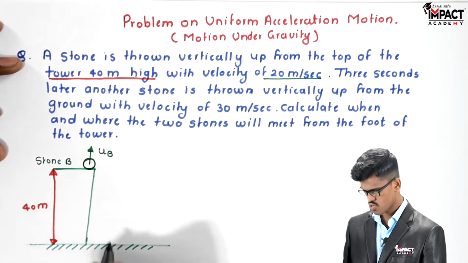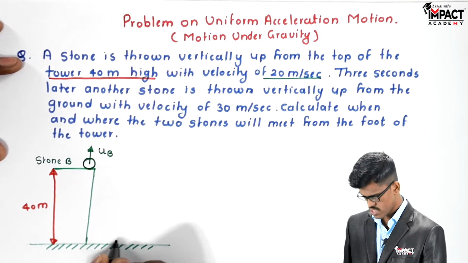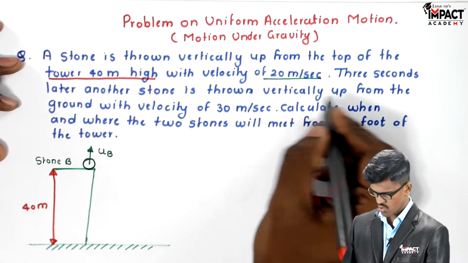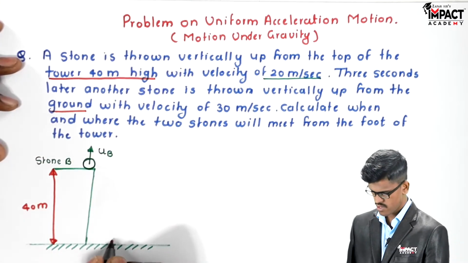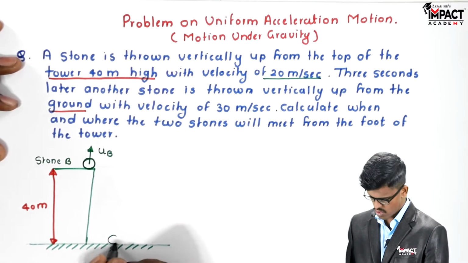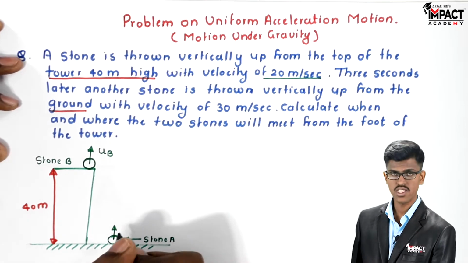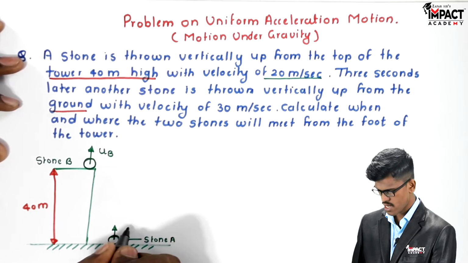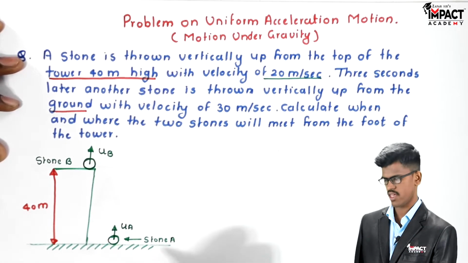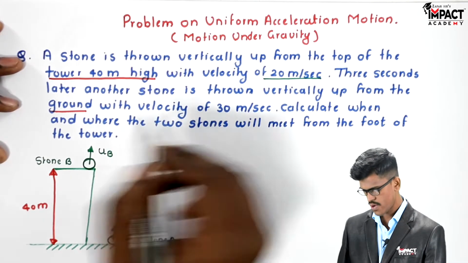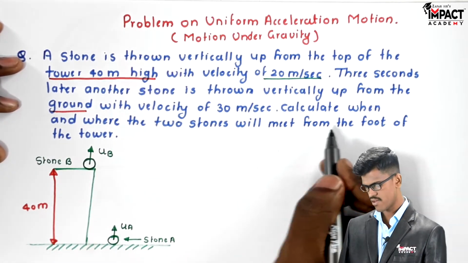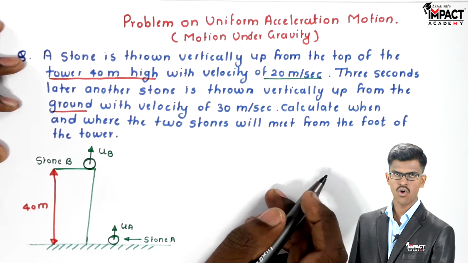There is another stone at the bottom, thrown vertically up from the ground with initial velocity UA of 30 meter per second. We have to calculate when and where the two stones will meet from the foot of the tower.